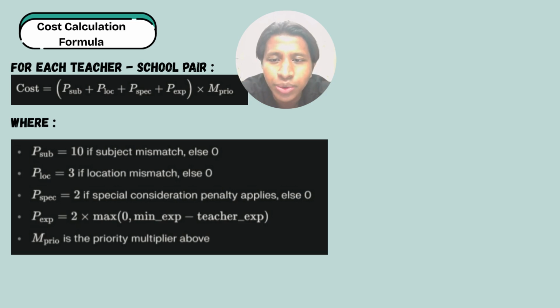P_loc equals 3 if location mismatch, else 0. P_spec equals 2 if the special consideration penalty applies, else 0. P_experience equals 2 multiplied with max(0, minimum experience minus teacher experience), and M_prior is the priority multiplier above.